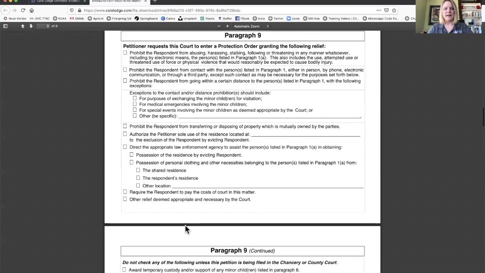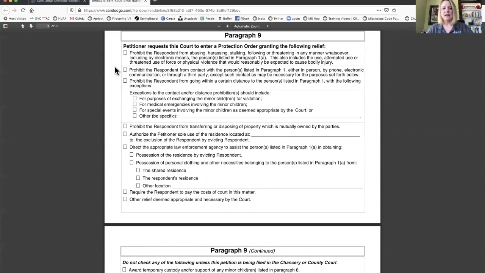Paragraph number 9 is very similar to the language found on the ex parte document that you'll be printing off for court. This is you asking the court to consider special orders to increase the protection and safety of you and the person you're filing against. This first section is you asking the court to prohibit the person from harming you, stalking you, harassing you, following you, or threatening you whatsoever.